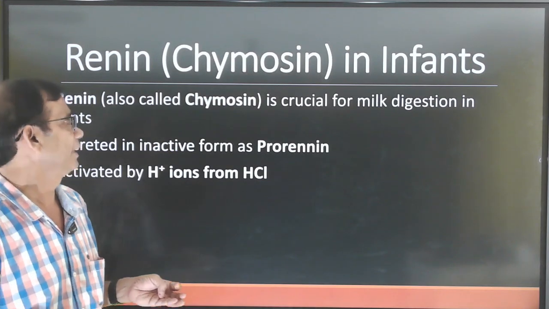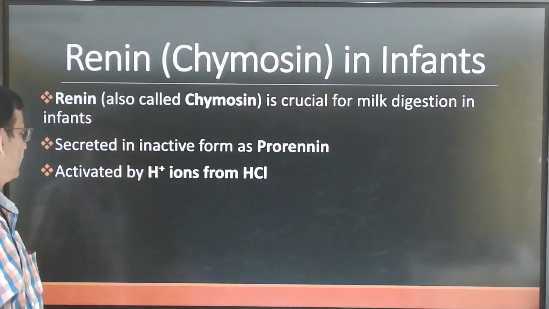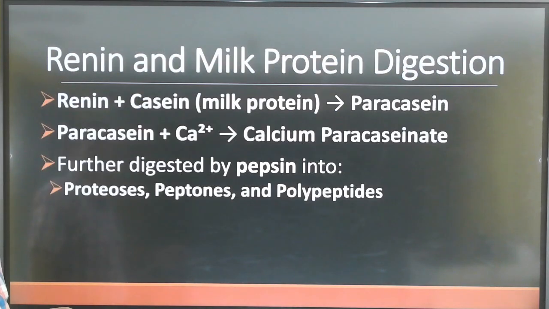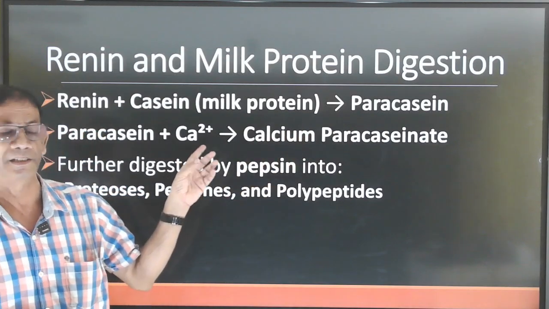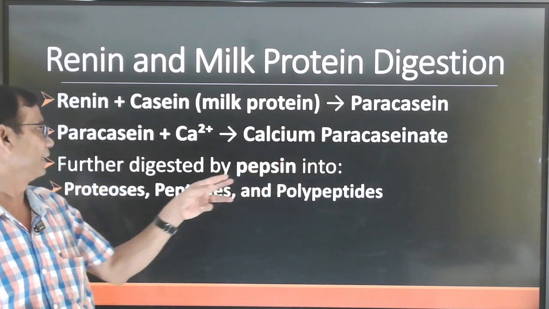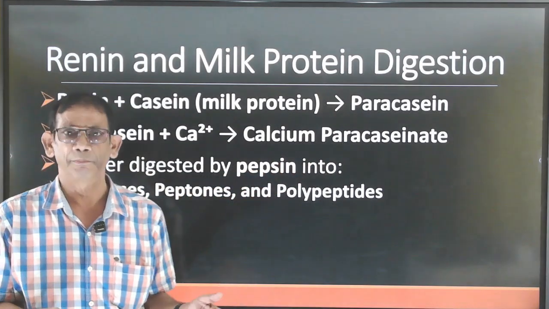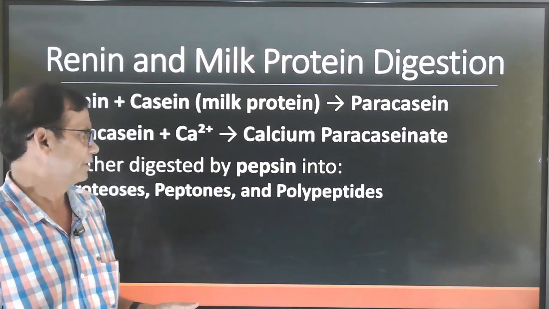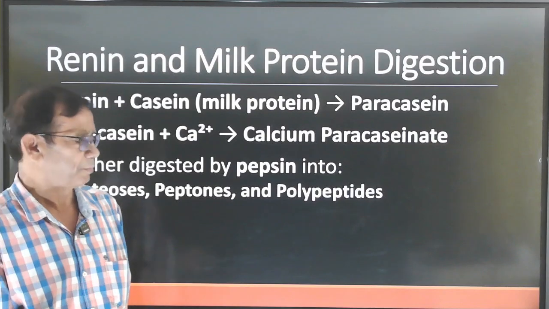Then renin combines with the casein of the milk and forms paracaseinate. Then this paracaseinate combines with calcium, forming calcium paracaseinate. Then this paracaseinate is acted on by pepsin and helps in the formation of peptones, proteases, and polypeptides.